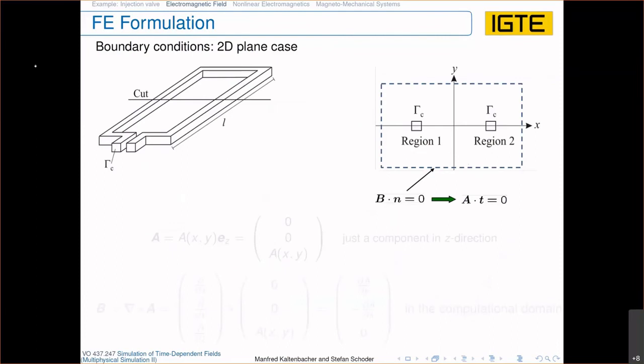Now, let's have also a look at 2D cases, because whenever it is possible, we clearly will try to compute within a cross section and get, in quite a short time compared to 3D simulations, a first result, even if it is an approximation. Such a setup could be as shown here.